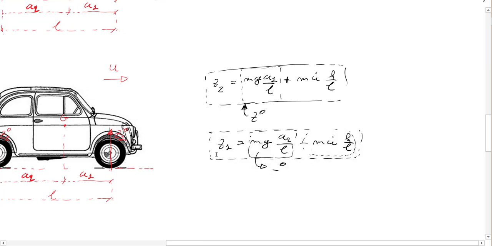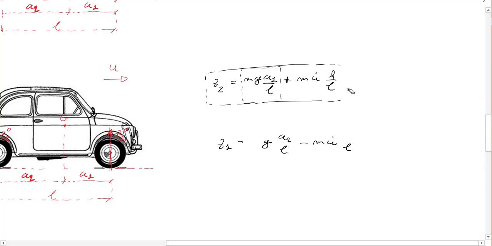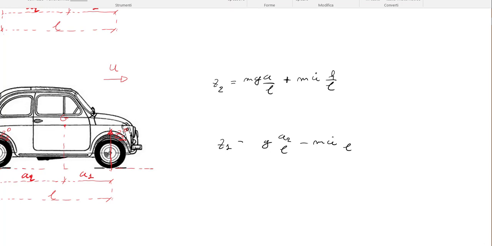Let's clean this equation a little bit and adjust it.